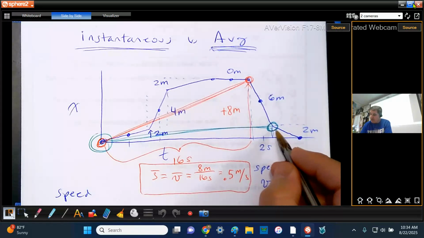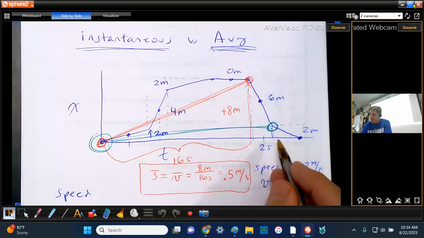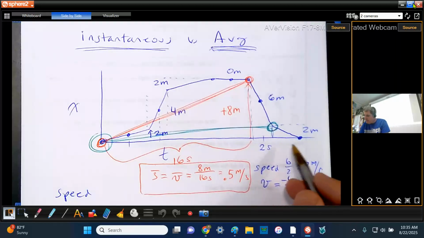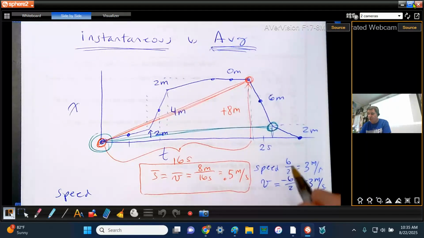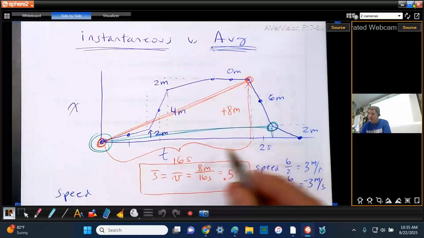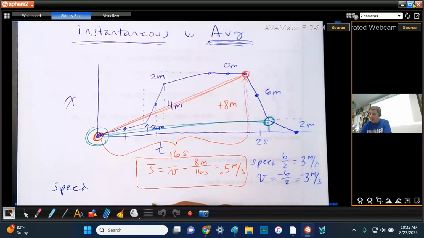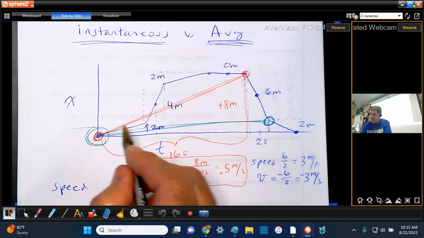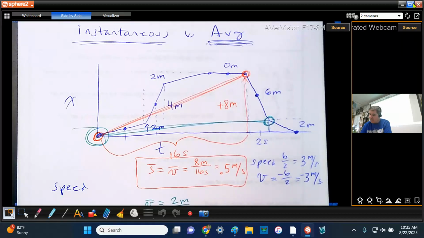If I call this 2 meters, it's 2 meters over 18 seconds, because this is a total of 18 seconds. So my average velocity for the green would be positive 2 meters, because I've gone up from here. I've gone up 2 meters over 18 seconds.